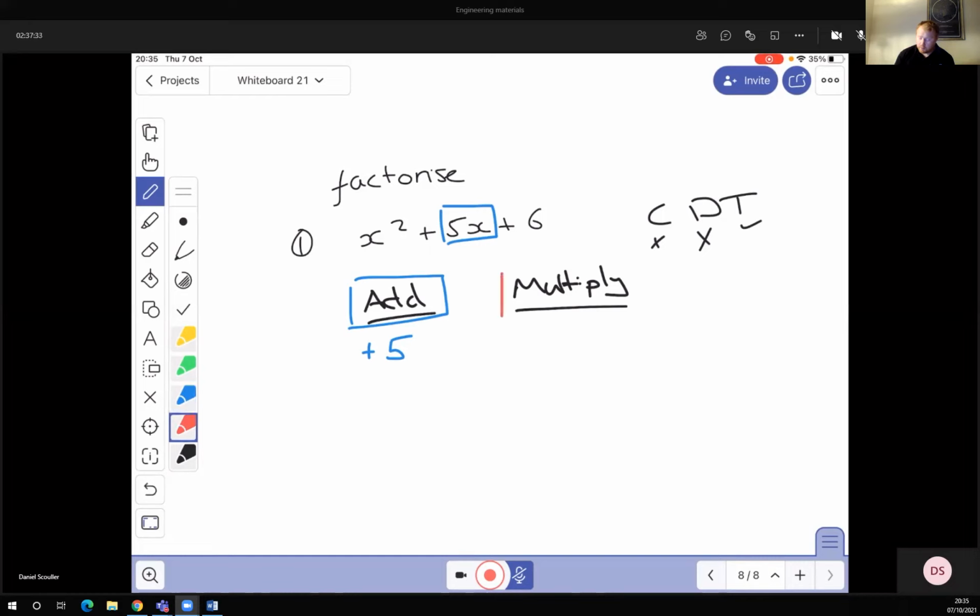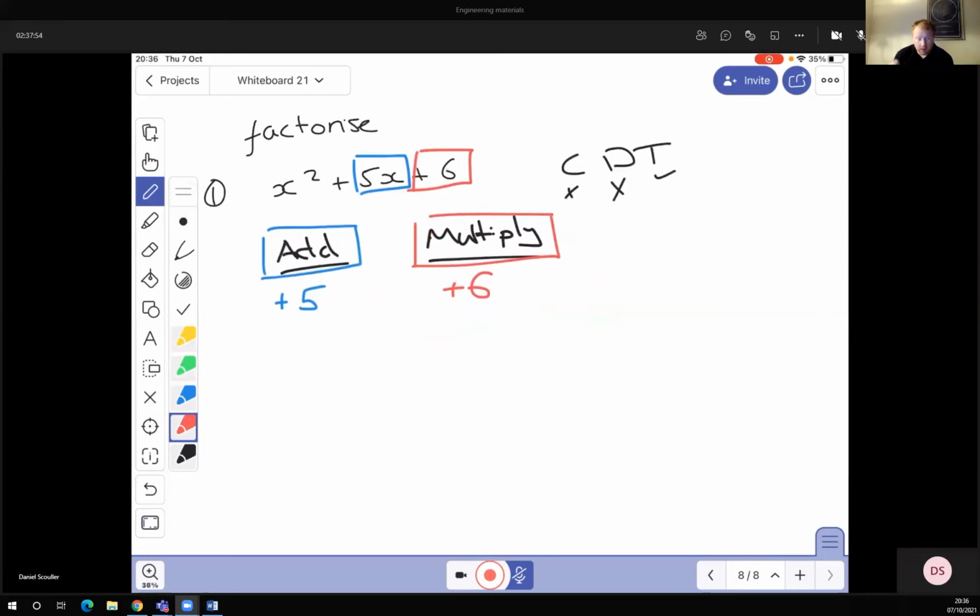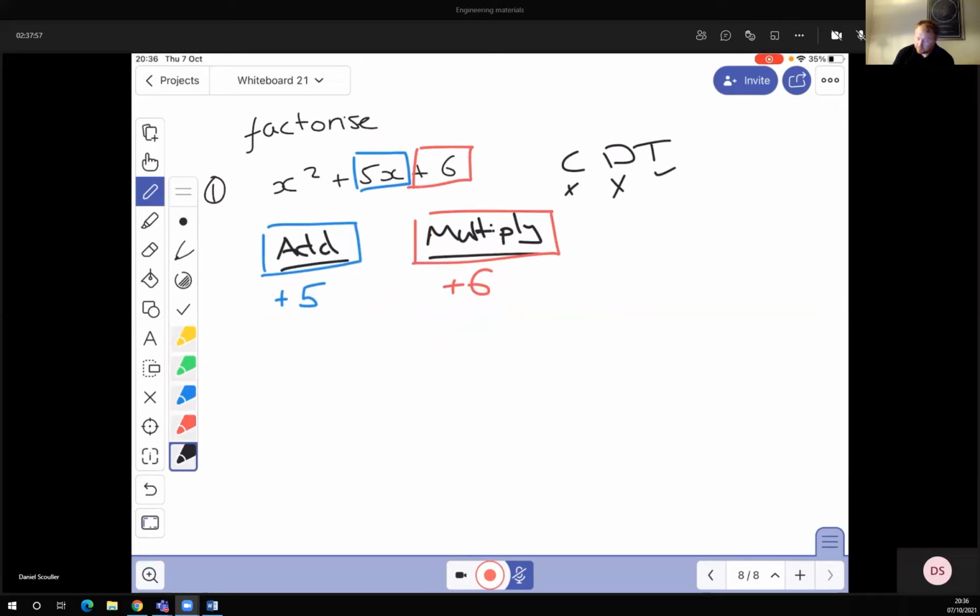Underneath the multiply, we'll put the c term. Again, put that wee positive sign just to remind yourself. It's a good wee stop to make sure you've checked that sign. Sometimes that will be a negative. And then it's just following that process.